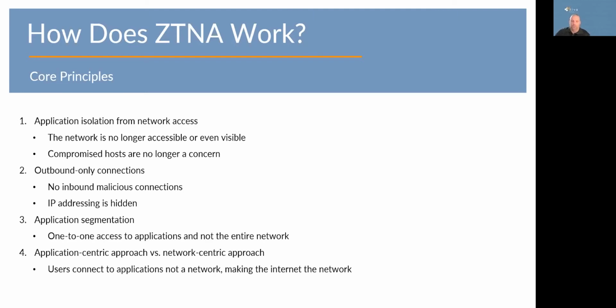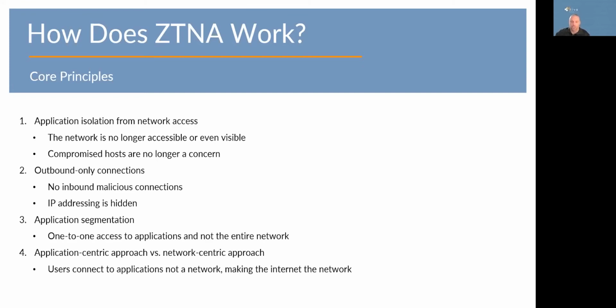We want users to connect to applications and not a network, which in turn turns your internet into the network. So it's how do I get to whatever I need, and I can get to whatever that is regardless of where it's located. I may have, if I'm a global company, servers and applications in different time zones and different countries, continents, et cetera.